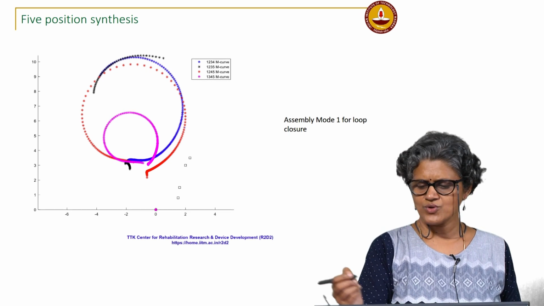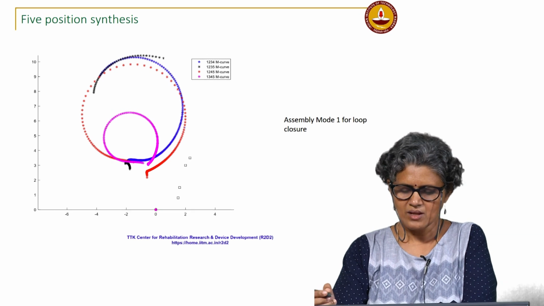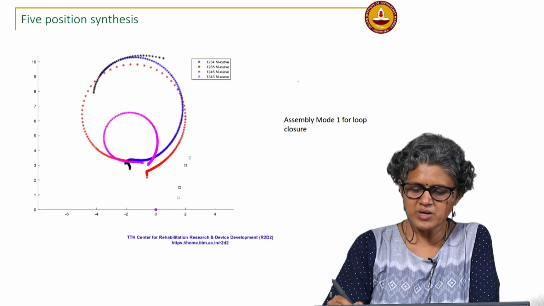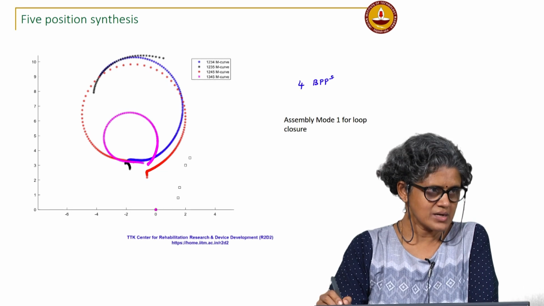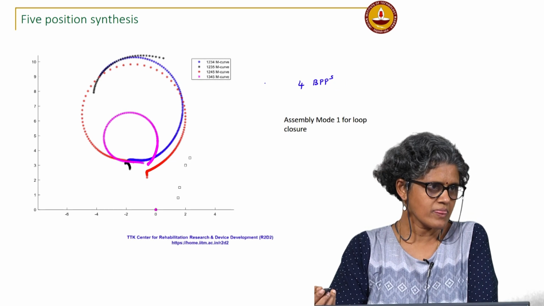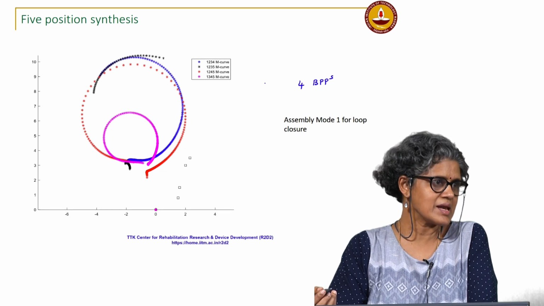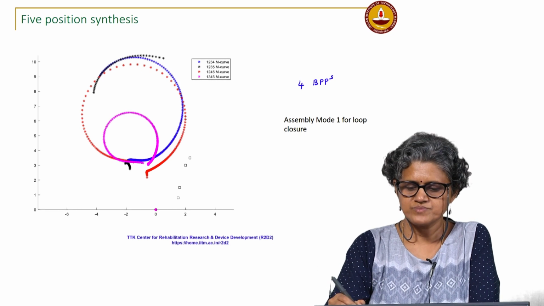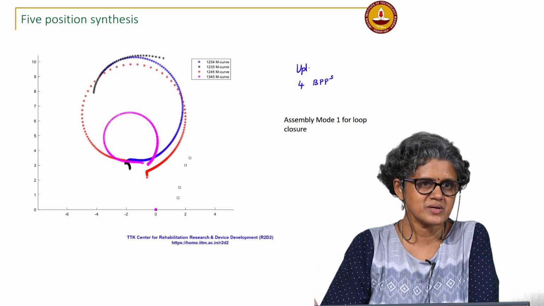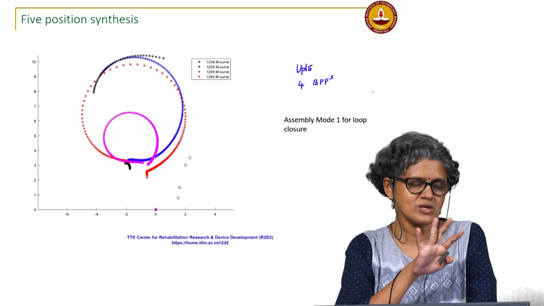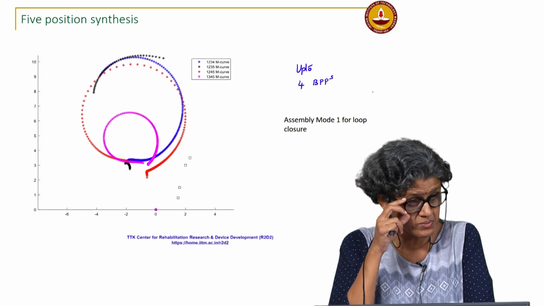So, you can get a maximum of 4 Burmester point pairs. So, 4 real solutions for dyads. So, those dyads can be put together in 4C2, so 6 linkages you can get by up to 4 Burmester point pairs, because when you solve for the betas you will get a quartic equation and you can have 4 real roots maximum.